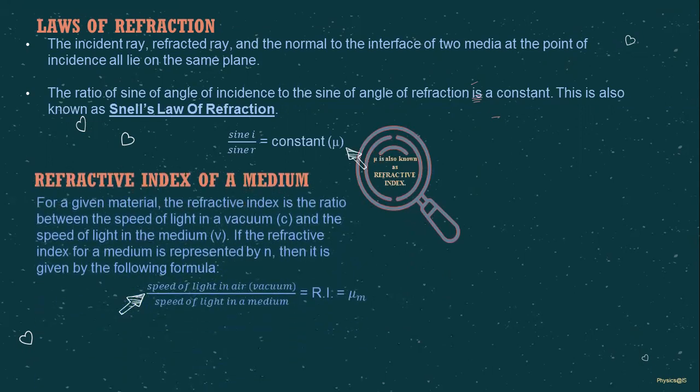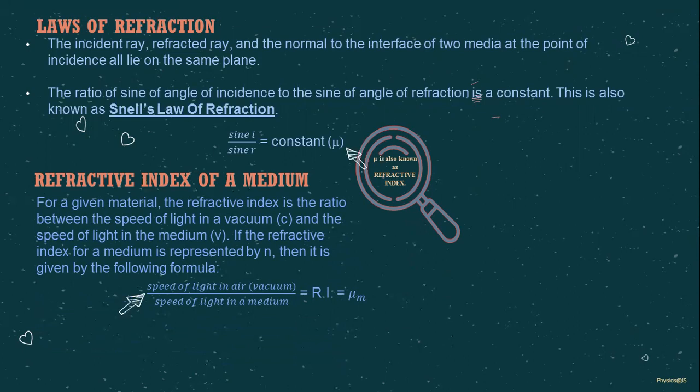So from here, we get to know about the refractive index of a medium. Refractive index of a medium can also be defined as the ratio of the speed of light in vacuum or air and the speed of light in another medium.